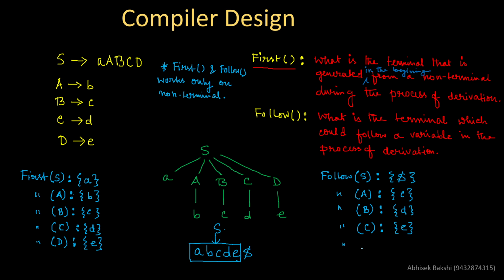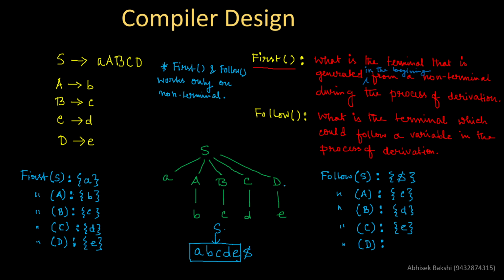Now the question will come, what is follow of D? You will say D is not followed by anyone because D is the last character. Now see, a very interesting point here. Since D is the rightmost character of the RHS, whatever is present over here is basically the dollar, because whatever is generated from D is not important.